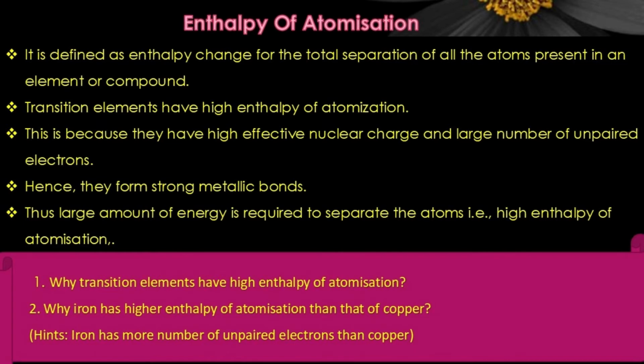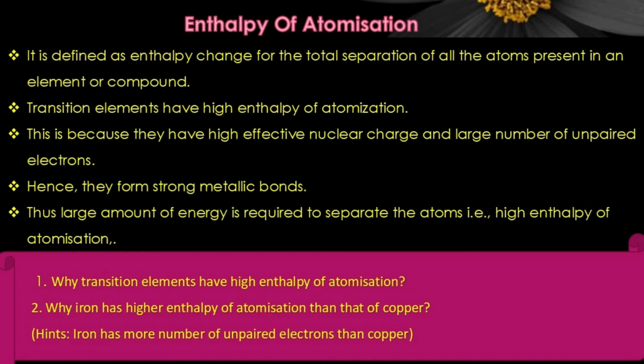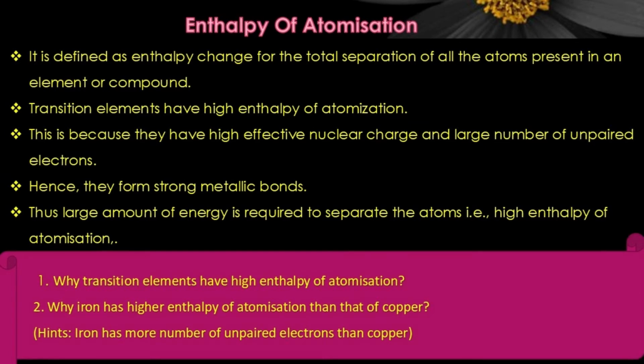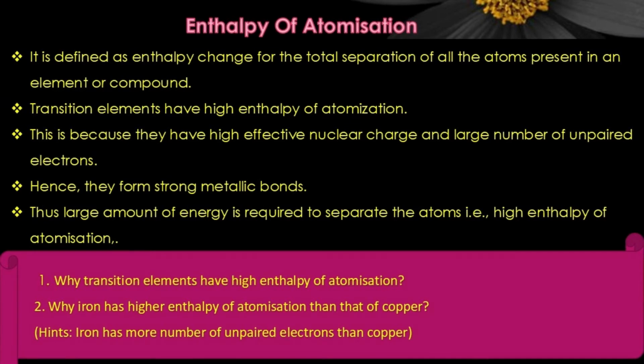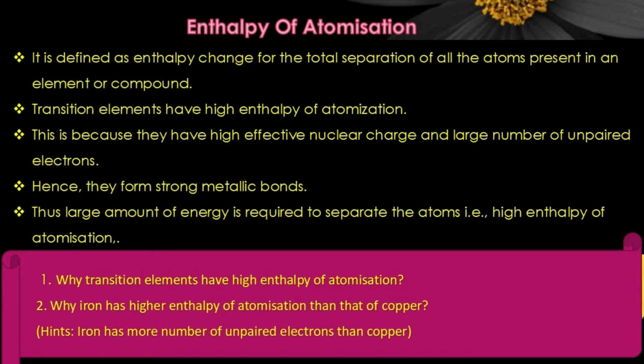This is because transition elements have high effective nuclear charge and a large number of unpaired electrons. So they form strong interatomic metallic bonds. Hence, a large amount of energy is required to separate the atoms. So they have high enthalpy of atomization.